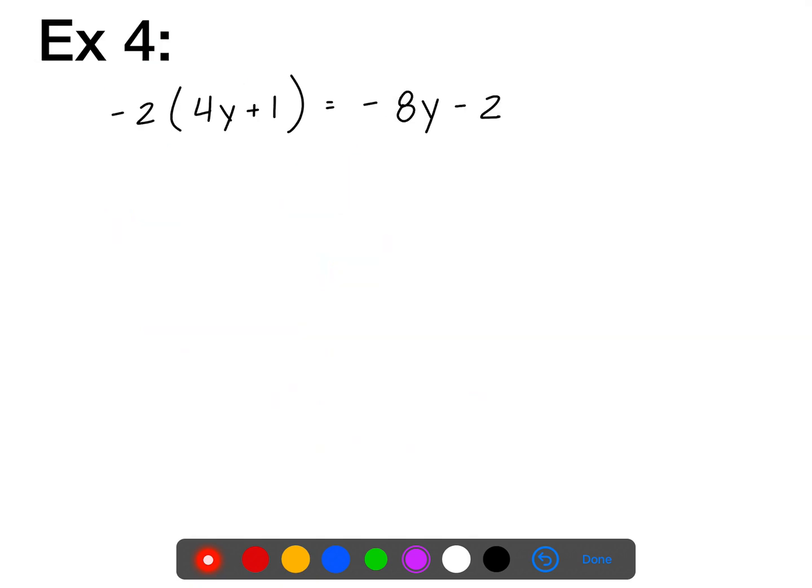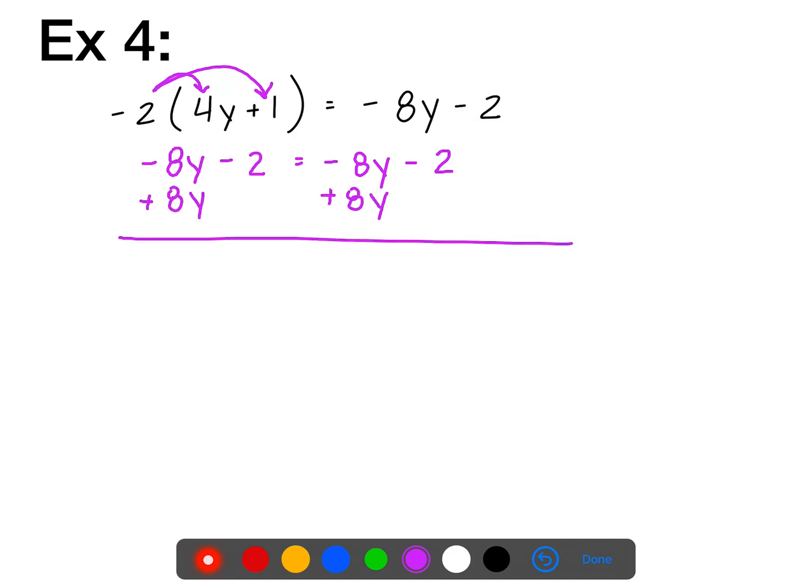If you had a situation like this, where when I distribute, you end up with -8y minus 2 equals -8y minus 2. Right off the bat, I noticed that both sides of my equal sign are the same. If I didn't notice that and I kept going and I added my 8y, my y's end up canceling and I get -2 equals -2.